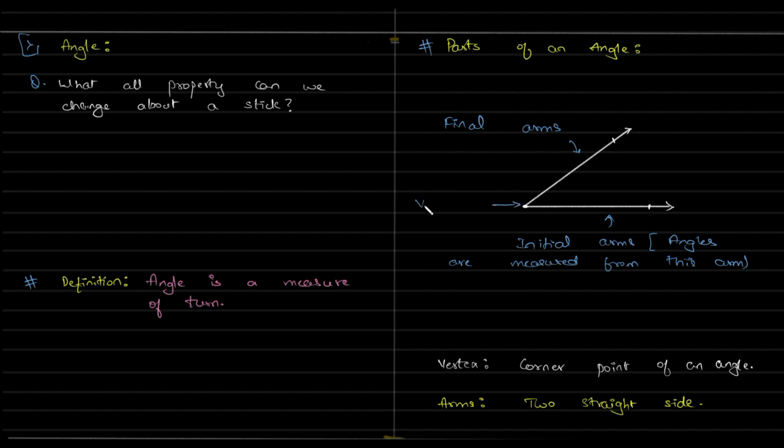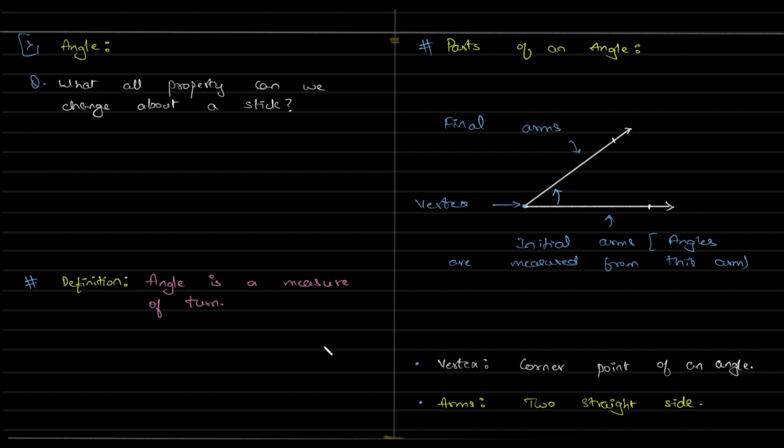This is vertex. Okay, this point is vertex. And this is your angle indication. You do this. So this is anti-clockwise measurement. So vertex is the corner point of an angle. Arms, the two straight sides.